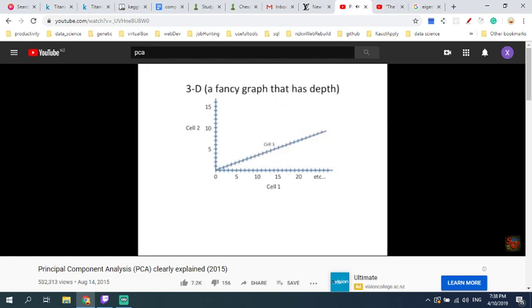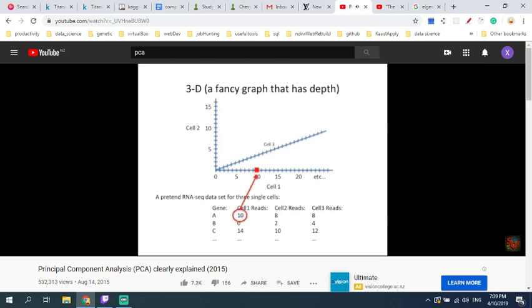Okay, so maybe sometime when we took calculus, we started drawing three-dimensional graphs. That's just a fancy graph that has depth. With three separate axes, we can now plot data from three separate cells. So now our pretend RNA sequencing dataset has data for three single cells.